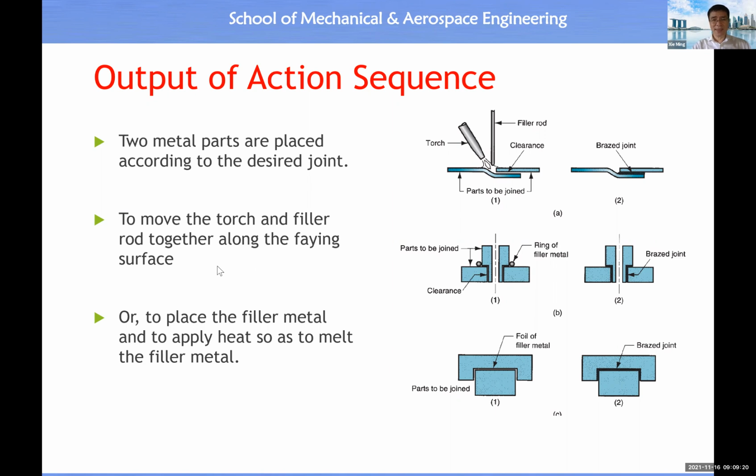We also need to apply thermal heat so as to melt the filler rod and then deposit additional material inside the joint. After that, we do a little bit of inspection of the quality of the solder, or joint. So these are the possible sequence of actions.